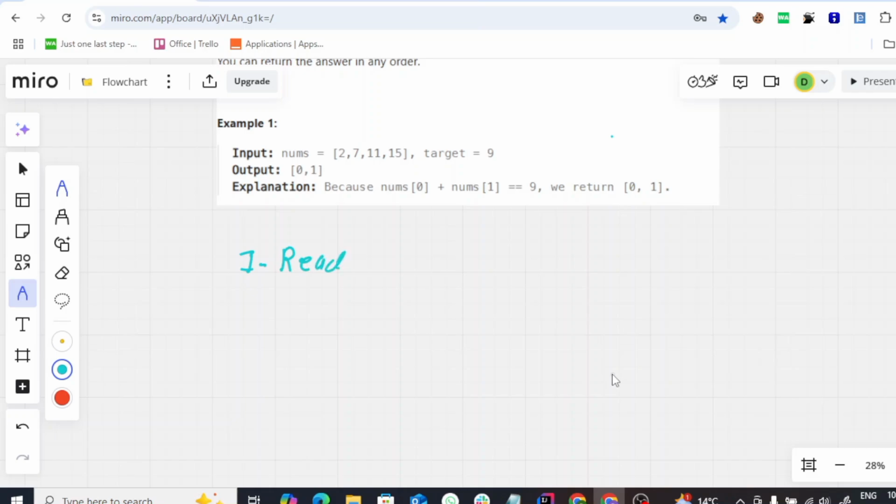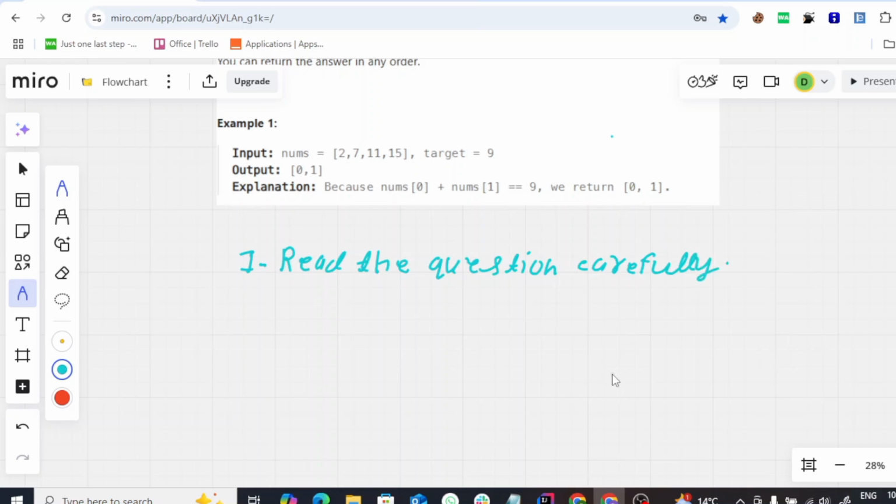Okay, guys, read the questions carefully. And why am I telling this, guys? Because sometimes what will happen is, while reading the questions you might get the idea about the question. So read the questions carefully. This is the first step that we need to follow.